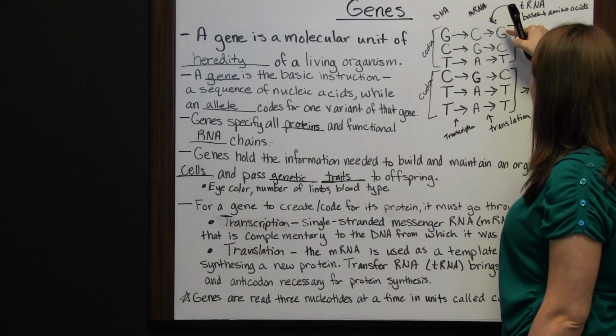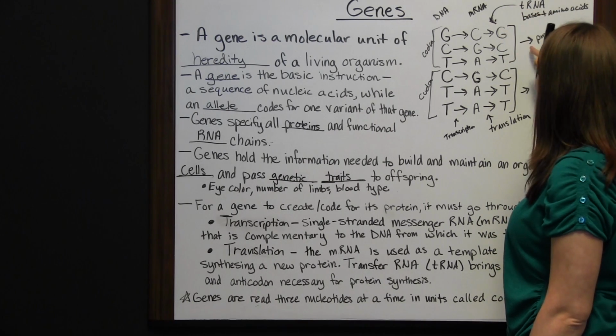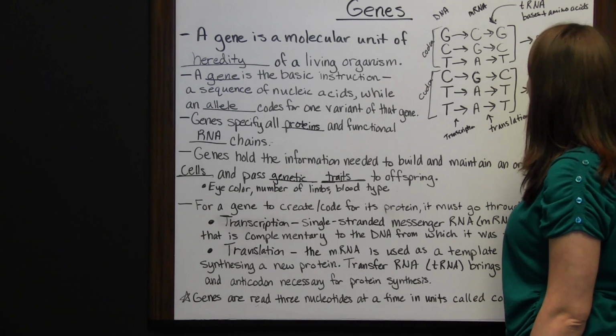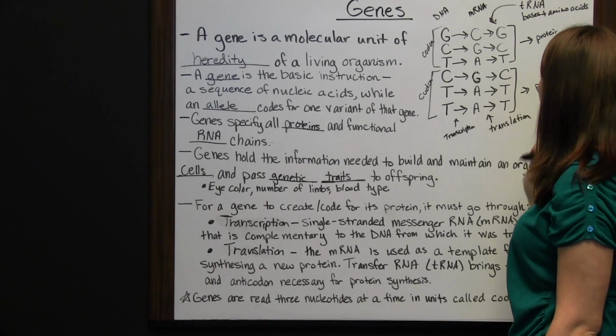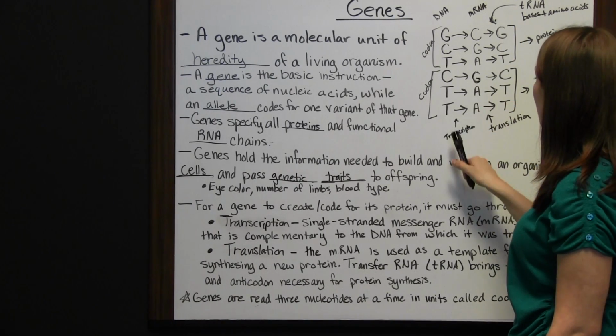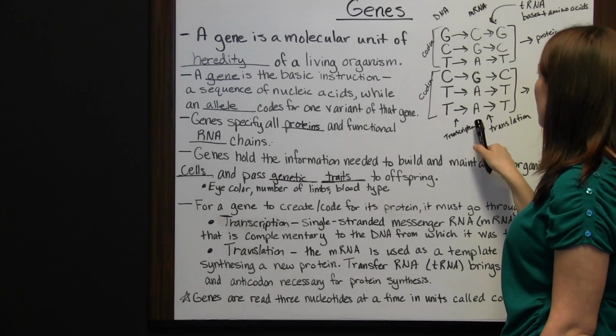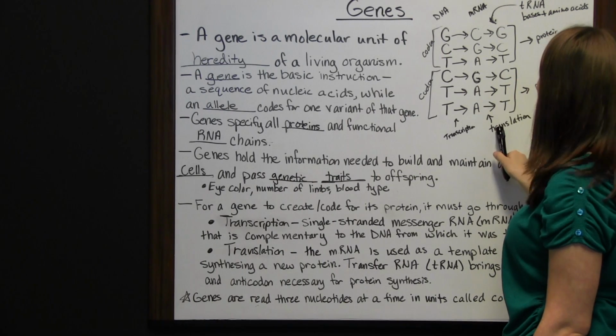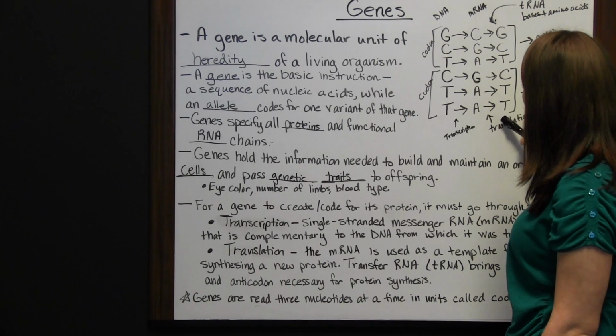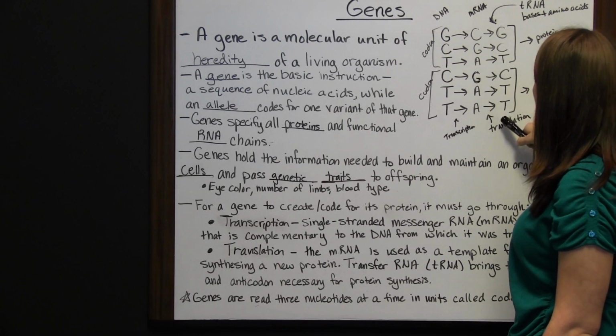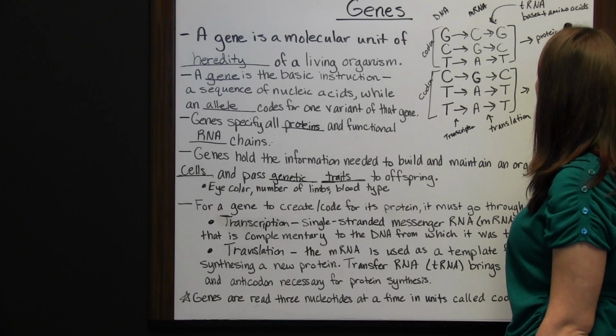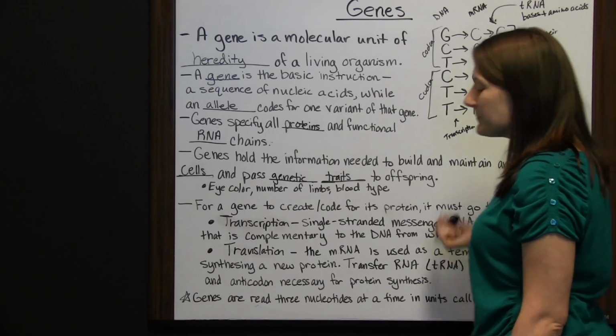And then these bases plus the new amino acids are going to give you your proteins that these codons were coding for. So you've got your transcription where it's coded onto the messenger RNA, and then you've got translation where it's decoded and the transfer RNA brings in what you need plus amino acids and your proteins are created.